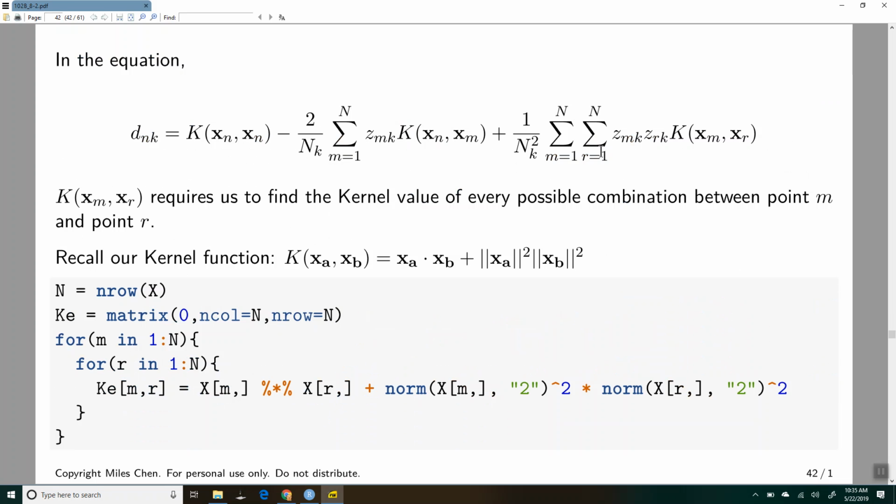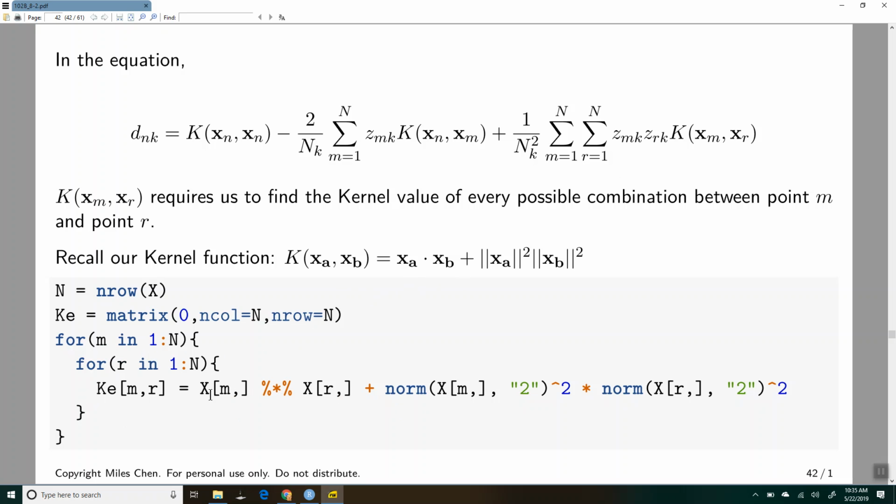Calculating this part requires the kernel for every combination of point M and point R. So I've just created this matrix called KE, and I'm just filling it in for M and R. I've got a loop inside a loop, which is not ideal, but I'm just doing exactly what we've got here.